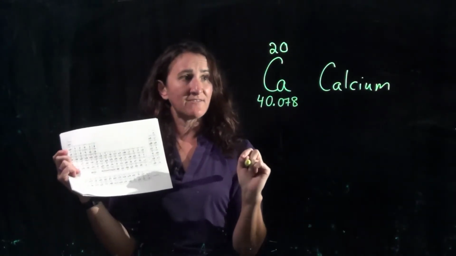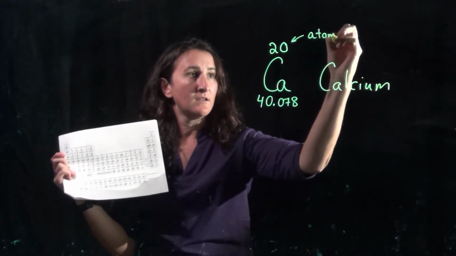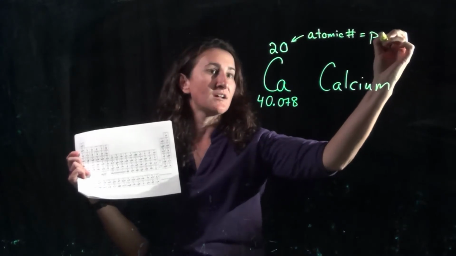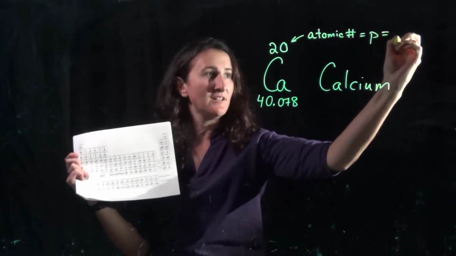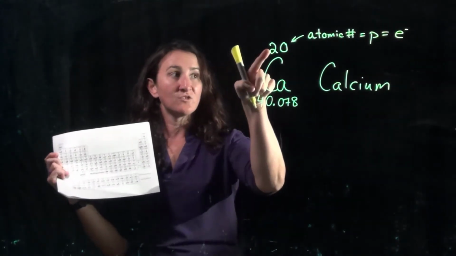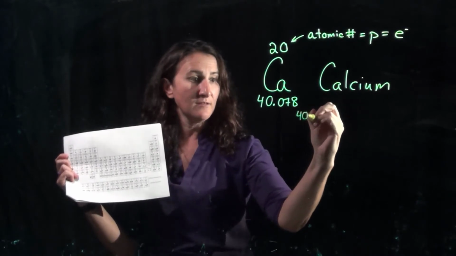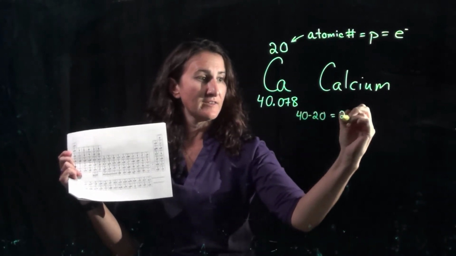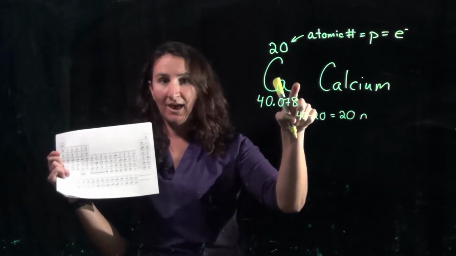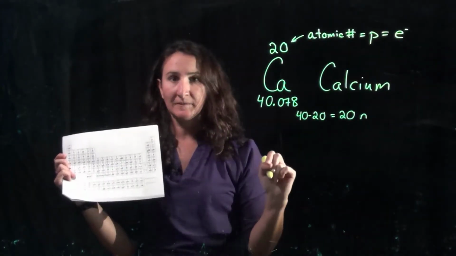All right, so remember, this is our atomic number, which also equals our number of protons, which also equals, because it's neutral, our number of electrons. All right, if we have 20 protons and our mass is approximately 40, 40 minus 20 gives us 20 neutrons. So an average calcium atom would have 20 protons, 20 electrons, and 20 neutrons.